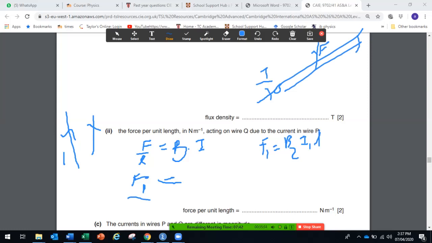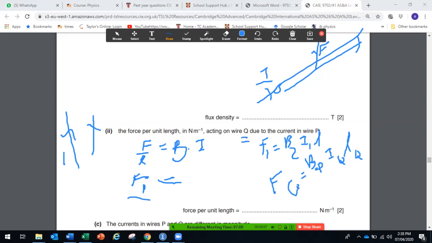The force per unit length acting on wire Q. The force on wire Q means they want the force on Q. That means the B must use B of P, and I you must use I of Q, and L you must use L of Q. But why is the magnetic field different, but the current we use the same thing, sir?